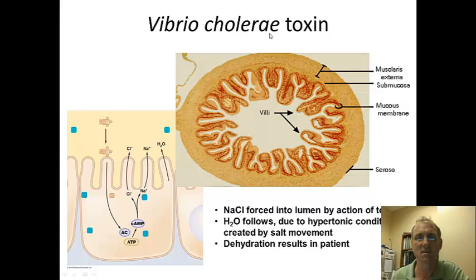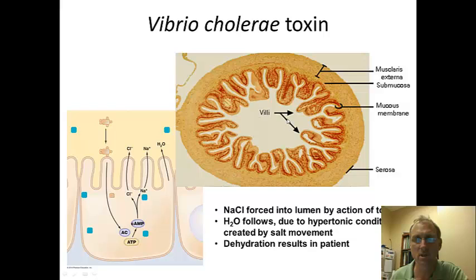And what happens is that this Vibrio cholerae toxin causes the cells that line the lumen of the intestine to begin to pump out sodium and chloride ions into the lumen of the intestine. The cells actually physically are going to lose salt because of the action of this toxin.